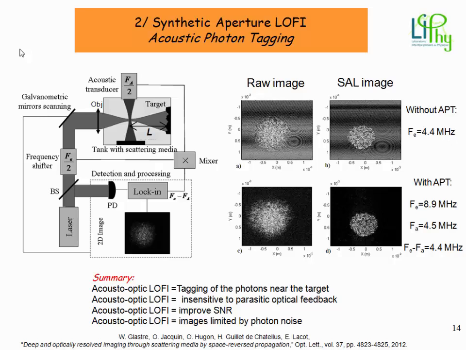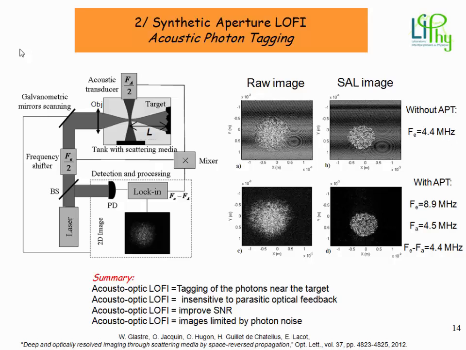Experimentally, we have chosen Fe equal to 4.4 MHz without acoustic photon tagging, and with acoustic photon tagging, we have chosen Fe equal to 8.9 MHz and Fa equal to 4.5 MHz, to finally obtain a difference in frequency equal to 4.4 MHz. So in both cases, the total round-trip frequency is equal to 4.4 MHz. In this condition, we have the same LOFI gain between these two kinds of experiments.